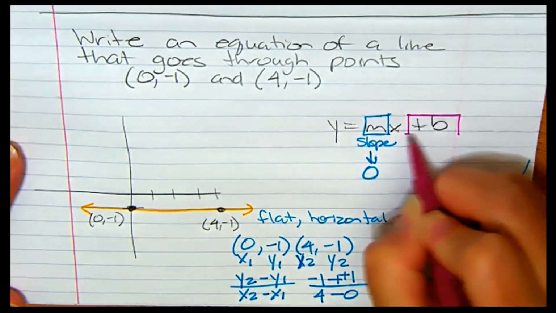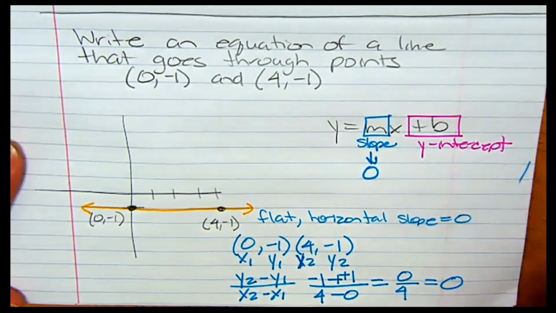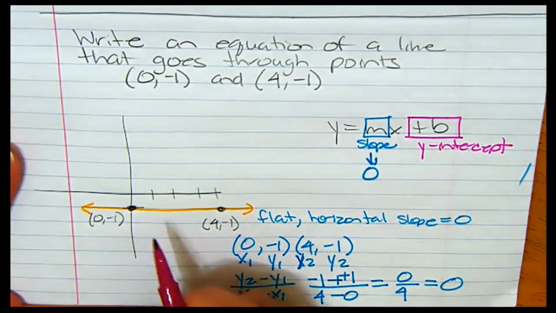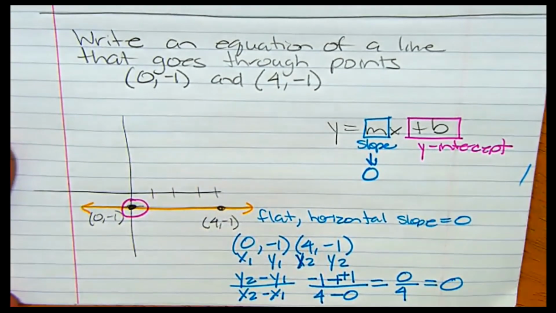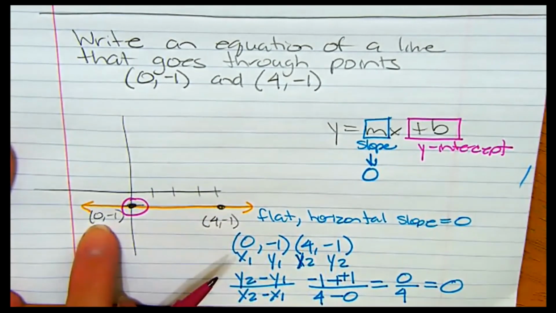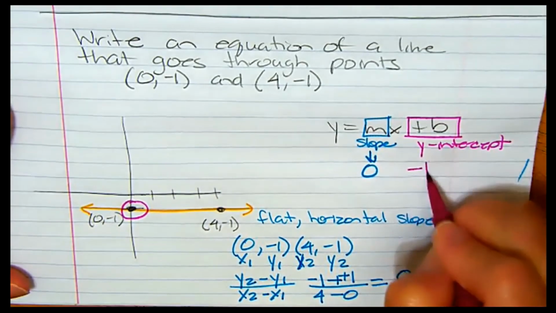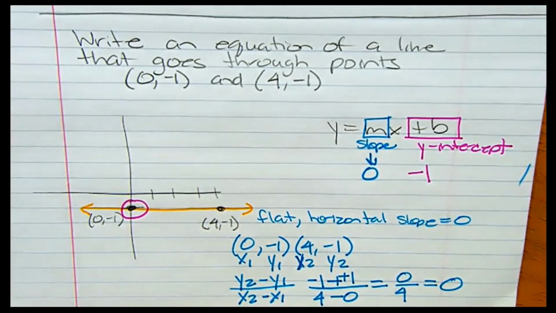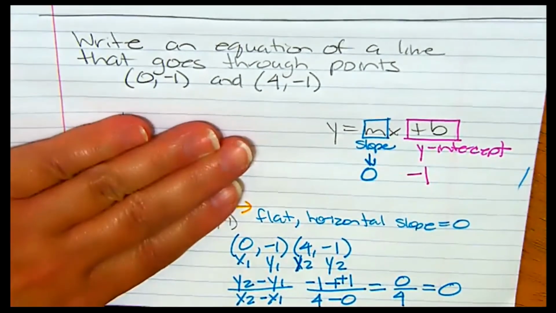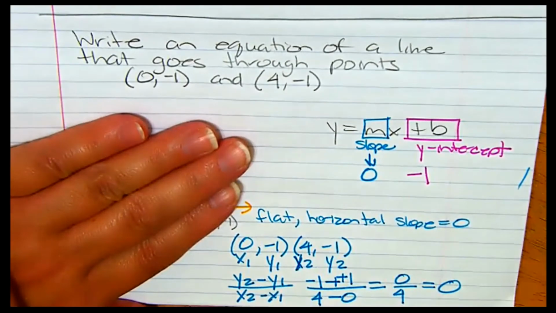Now, b is my y-intercept, where my line crosses my y-axis. So I can look at this and I can say, oh, it crosses at 0, -1. My y-intercept is -1. But even if I didn't have this graph, could I figure it out given these points?